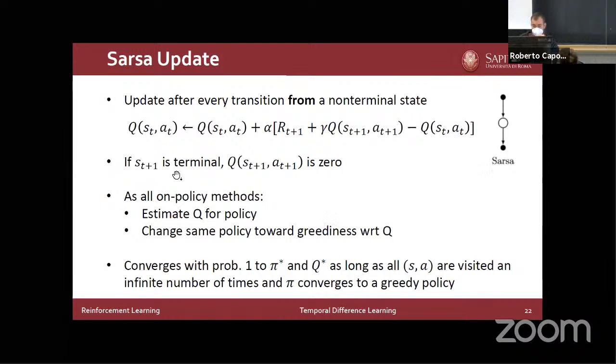If S_t+1 is terminal, Q(S_t+1, A_t+1) is 0. I already said that. As in all on-policy methods, the estimate of Q is for the target policy. So basically, the behavior policy and the target policy are the same. If we want to generalize to always having two policies, in this case the target policy and the behavior policy are the same in the on-policy case.